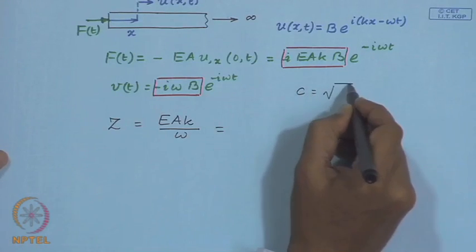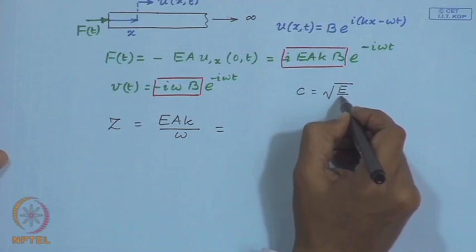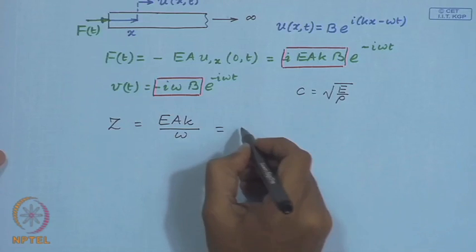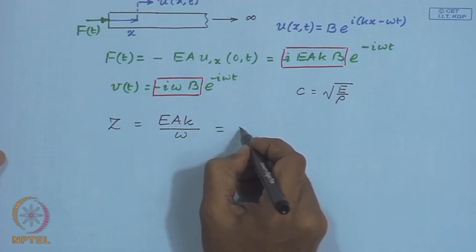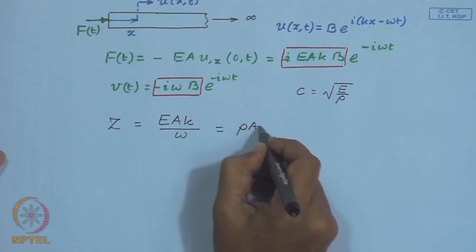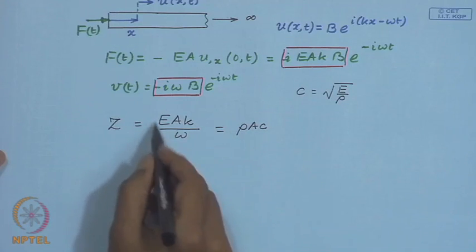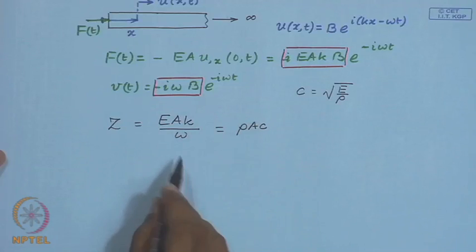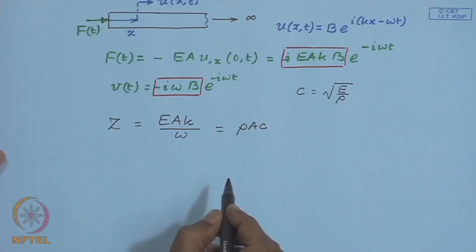the speed of waves in a bar, written like this. So, what we have is, I eliminate this E as rho times c square, and here I have the impedance of a bar.